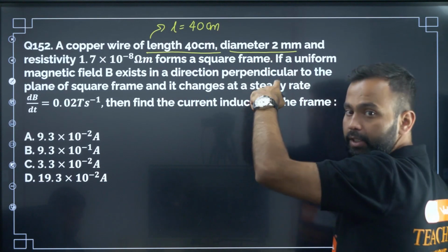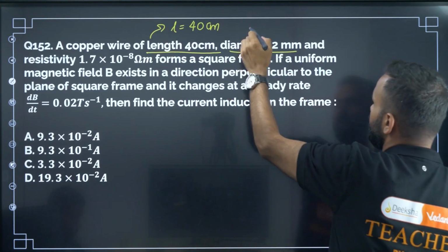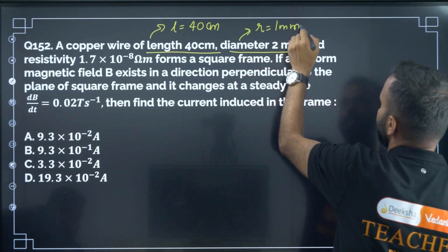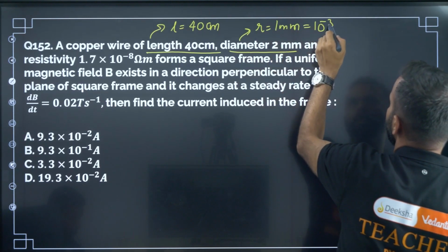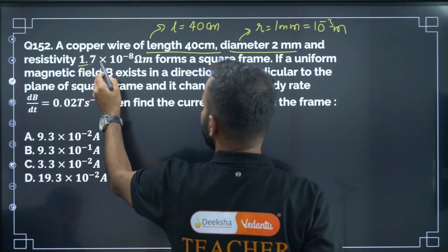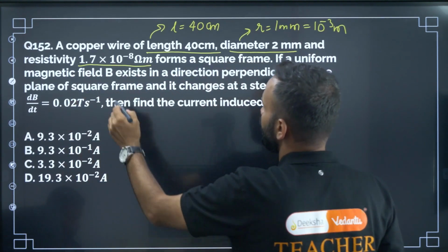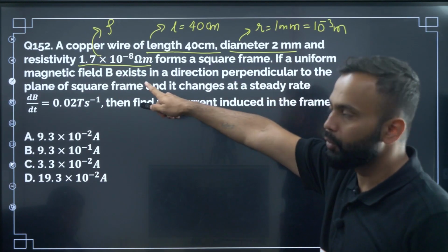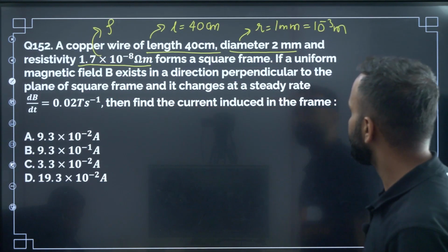Here they have given the diameter of the copper wire. So the radius R equals 1 millimeter, which is equal to 10 to the power minus 3 meter, and resistivity rho is equal to 1.7 into 10 to the power minus 8 ohm meter.